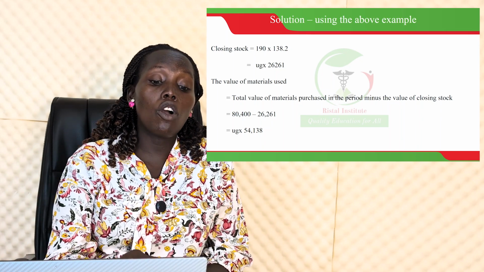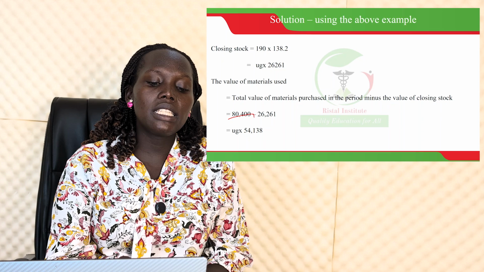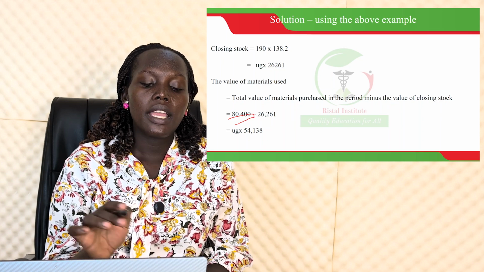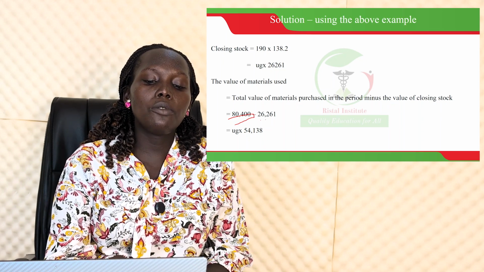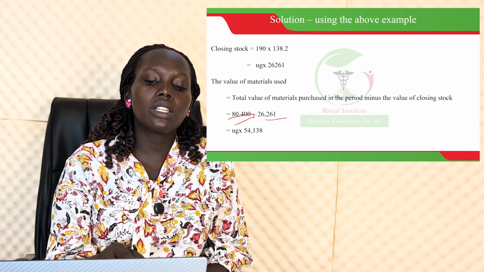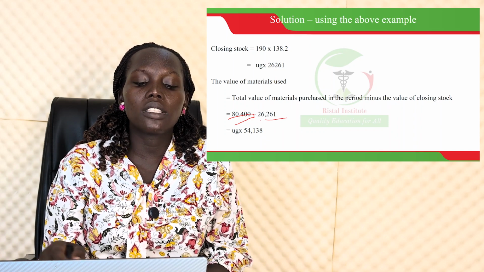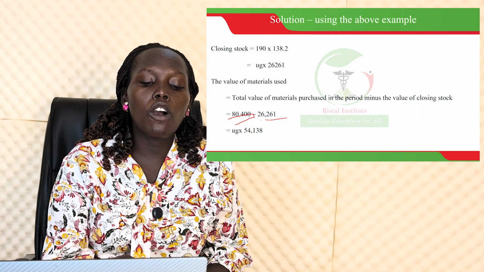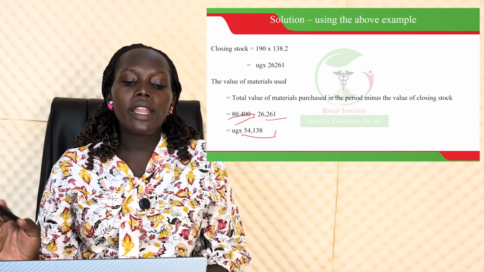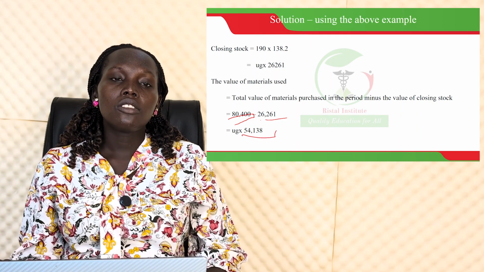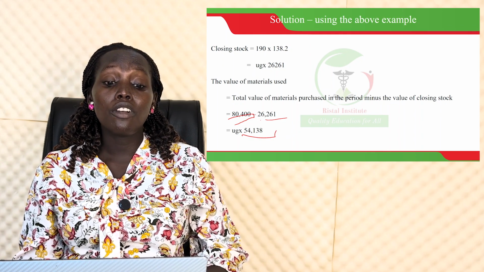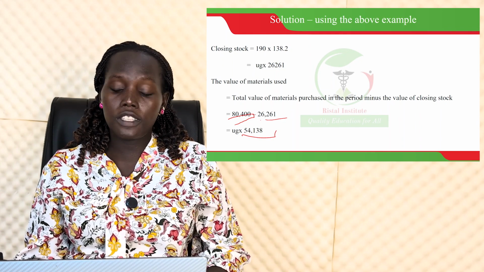After adding, we got 80,400. We subtract the closing stock, which is 26,261, and we get 54,138. So that is how we come up with the value of material used.